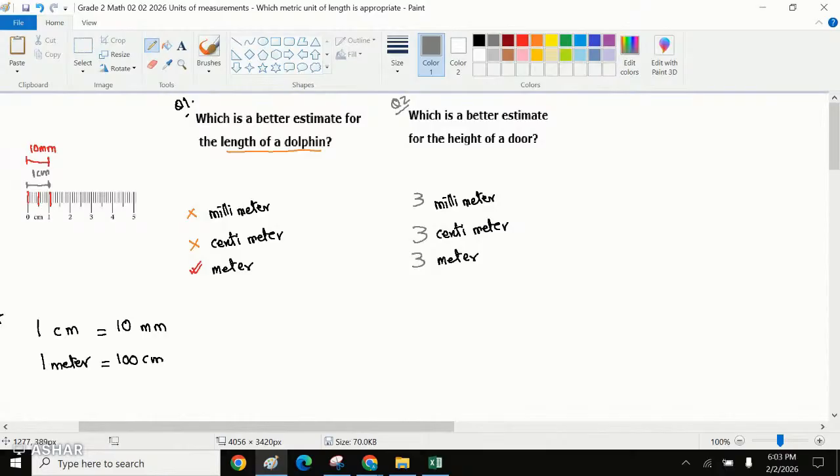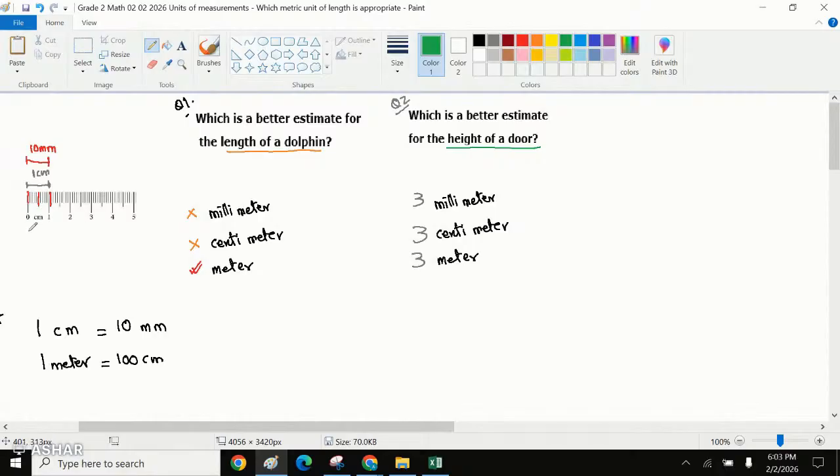What is the better measure for the height of a door? Can the height of the door be 3 millimeters, like the thickness of 3 nails? It cannot be, right? Would it be 3 centimeters?